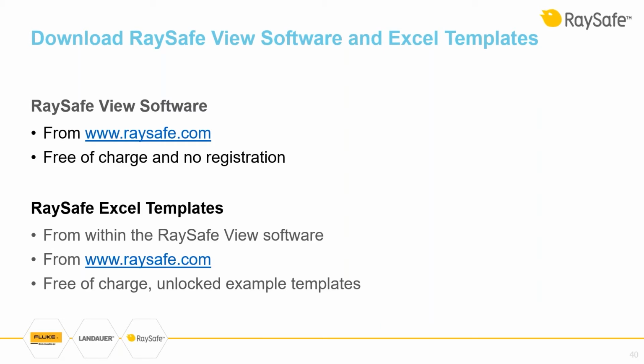It can also be downloaded from our RaySafe website. Our Excel templates are also available to download from our website, or you can directly download them from the RaySafe View application.